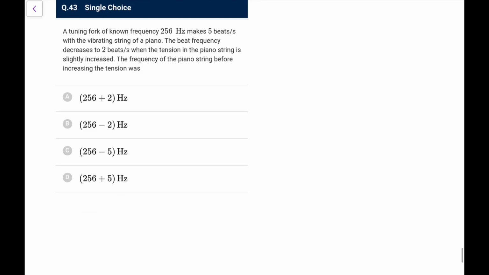Next, a tuning fork of unknown frequency makes 5 beats with the vibrating string of a piano. That means 256 and 5, either it is 251 or 261. Now the beat frequency decreases to 2 when the tension in the piano string is increased. When the tension increases, speed increases, so the fundamental frequency of the piano increases.